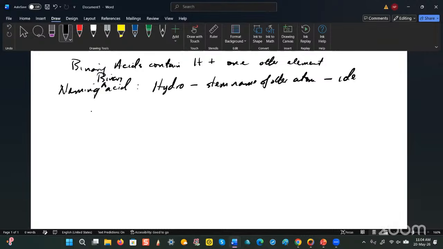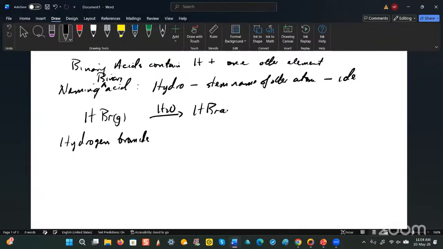So for example, HBr. Now this compound is a gas, right? Ordinarily, we would call this hydrogen bromide. But when you add it to water to form HBr aqueous, this is now called hydrobromic.